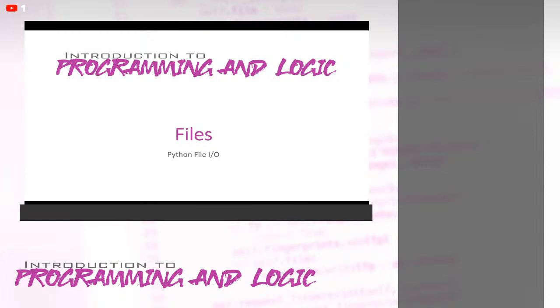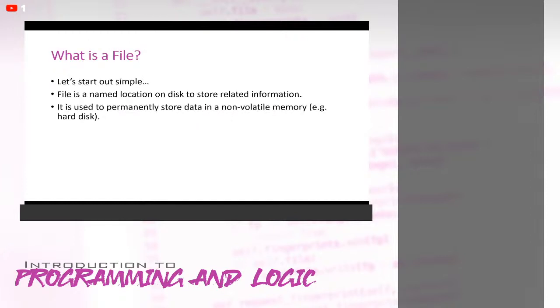So in terms of talking about files today, the first thing that I would like to talk about is, well, what is a file? And you probably have an understanding of how this works, what a file is, and maybe some idea as to why utilizing files in a program like ours would be important.